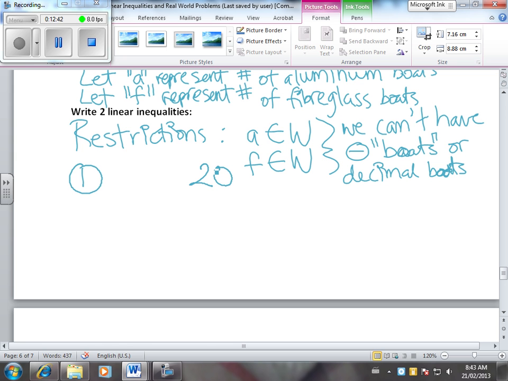If we have a maximum, we're going to put a less than or equal to sign, because we cannot have more than 20 boats. We can have exactly 20 boats, which is why we put equal to, but we can't have more than. And then it will just be A plus F, so aluminum plus fiberglass boats has to be less than or equal to 20. This shows us a maximum.